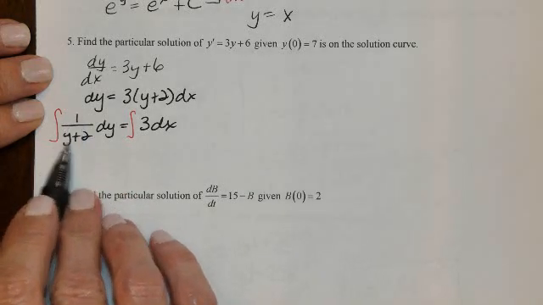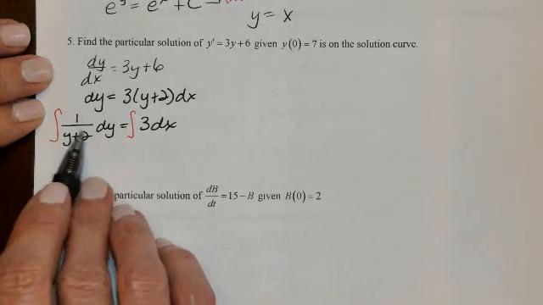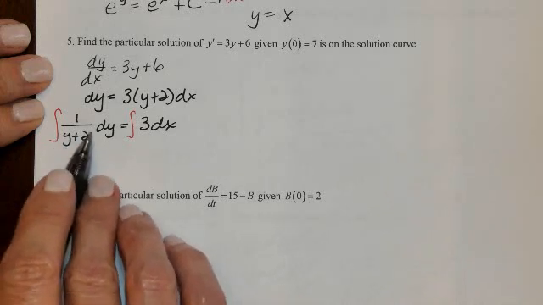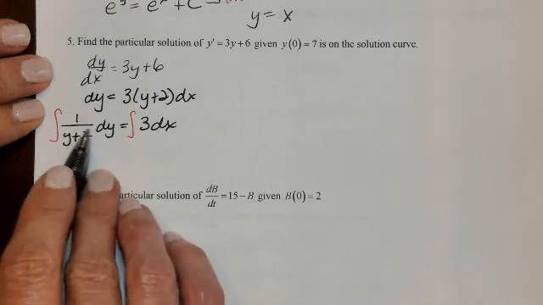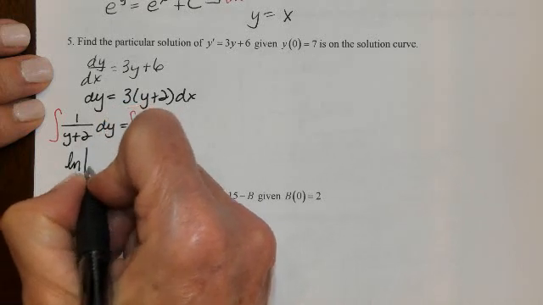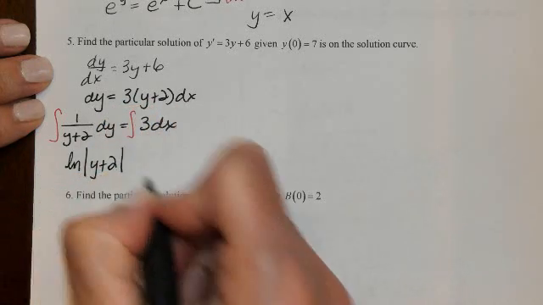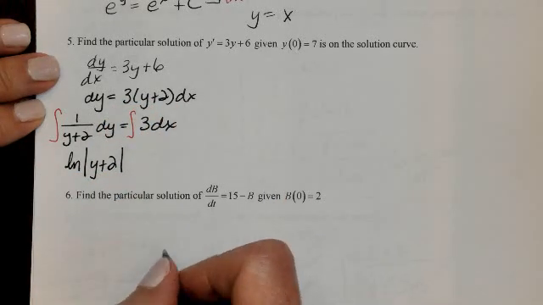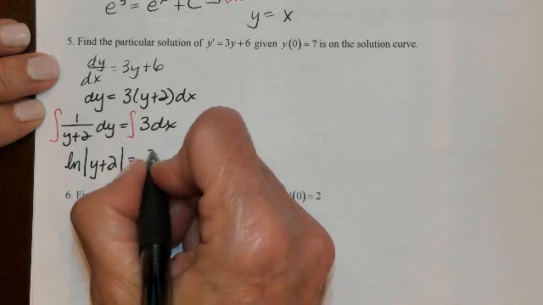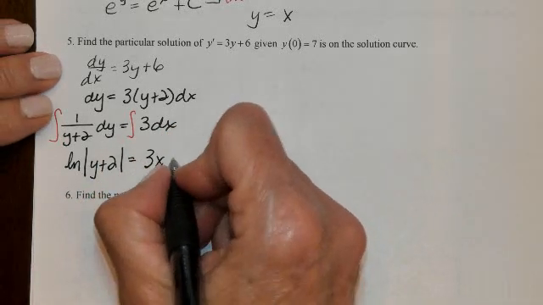The integral of 1 over y plus 2, if we think of this as a u sub, the derivative of u here would just be a 1, right? So this is just the same as ln of the absolute value of y plus 2. And this is equal to the antiderivative of 3 dx, so 3x.